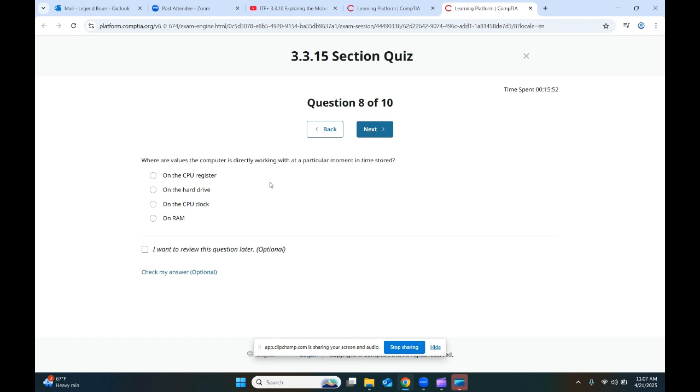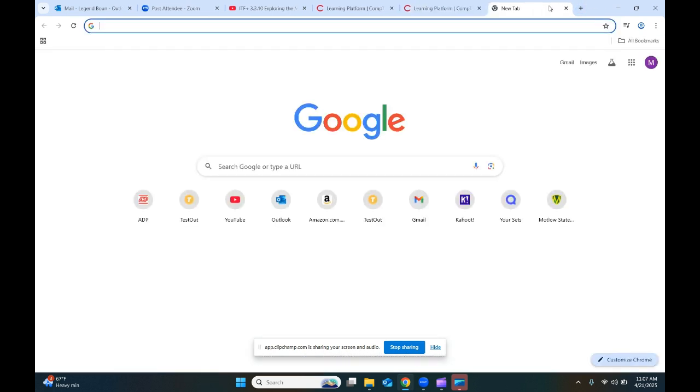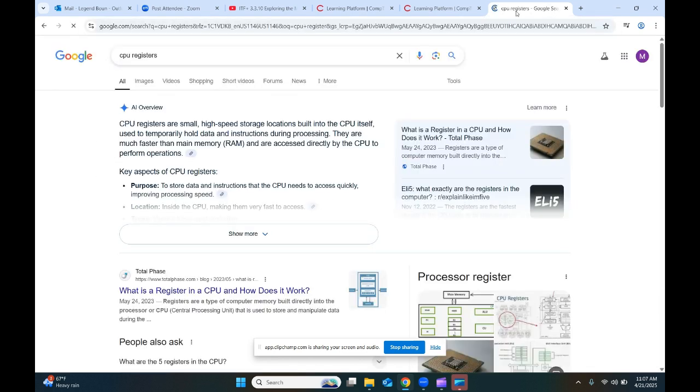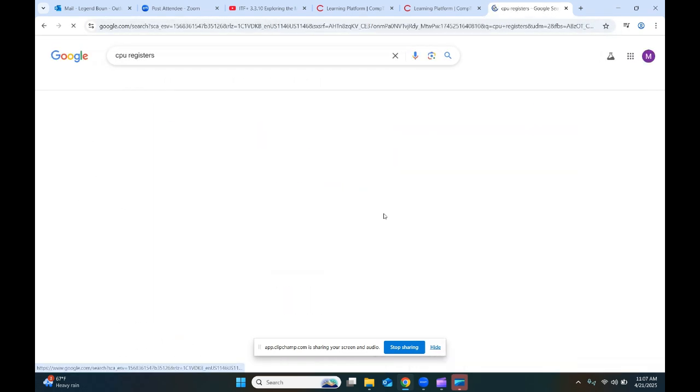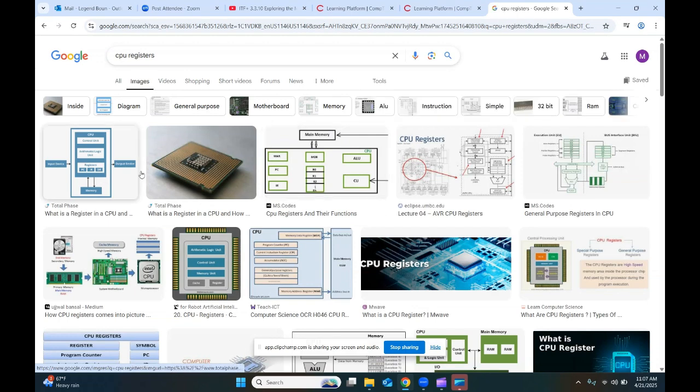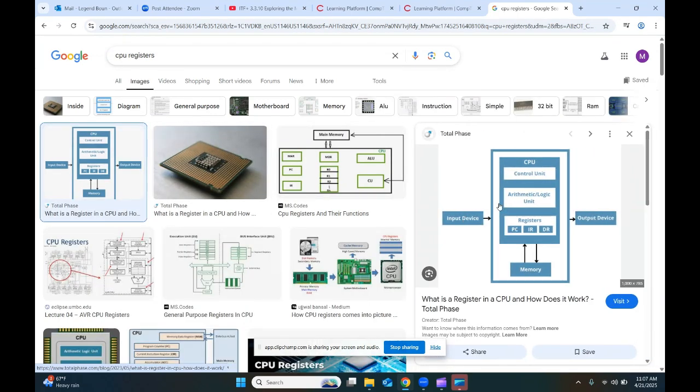If you haven't read that section for the CPUs and how they work, oh wait, I can pull it up. I'm sharing my entire screen. CPU registers. So there is the ALU, the arithmetic logic unit, and then there's the registers, and the control unit.